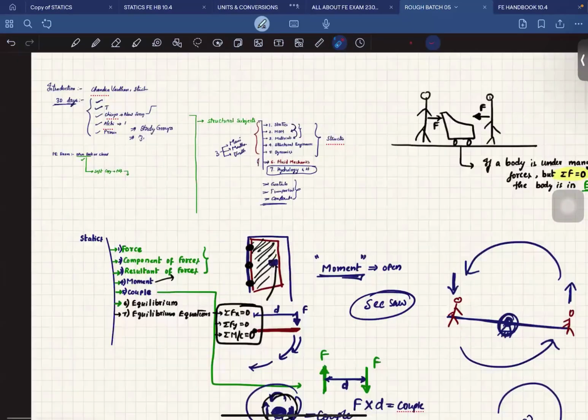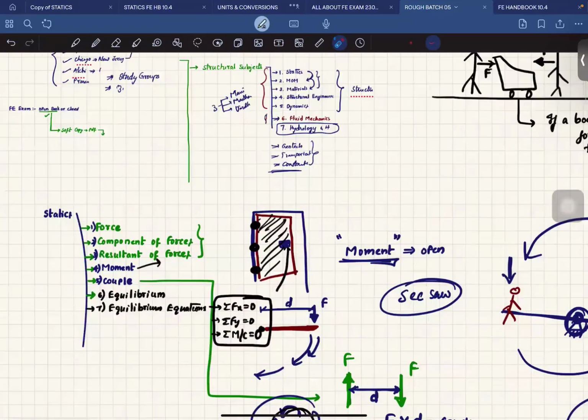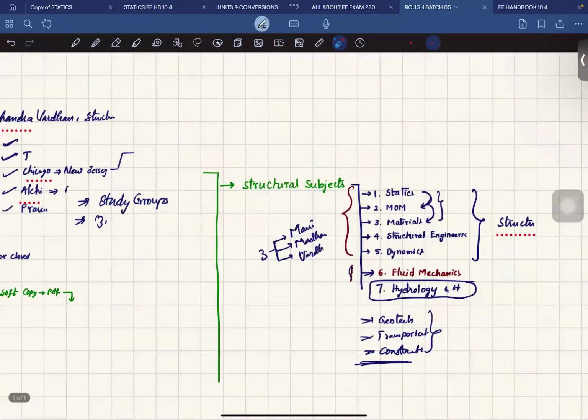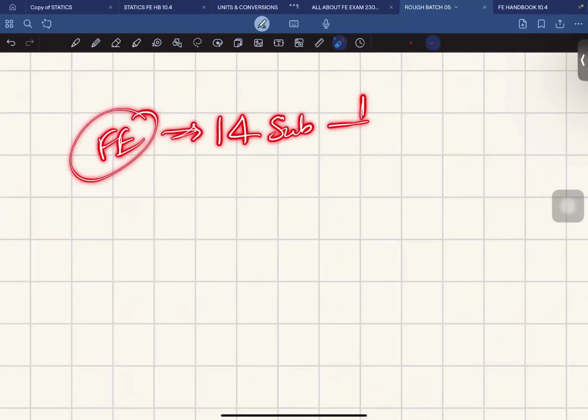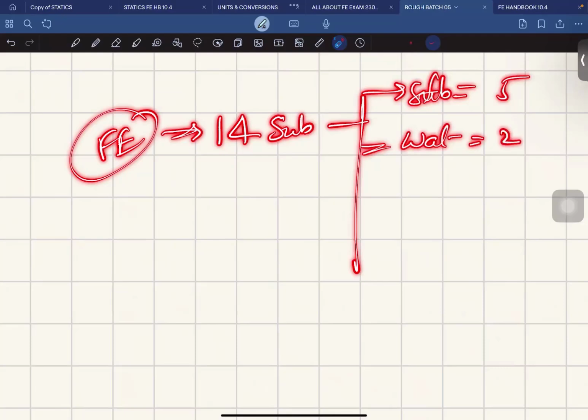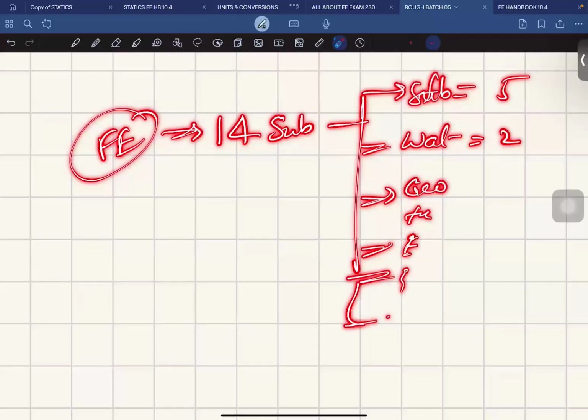You just learn the whole thing first. You came to know that there are 14 subjects. If I say the word FE, in your brain there will be 14 subjects. From that, your brain will think that in structural I have 5 subjects, in water I have 2 subjects, and there are some other subjects like geotechnical, and you have heard about ethics and mechanics and maths.